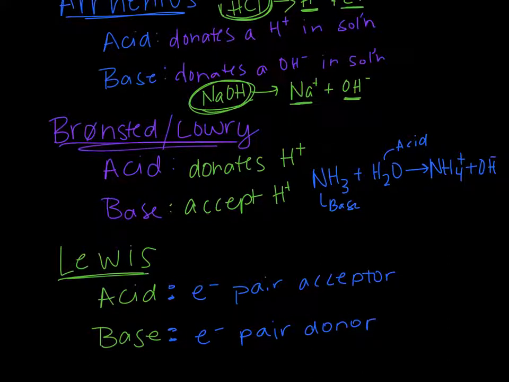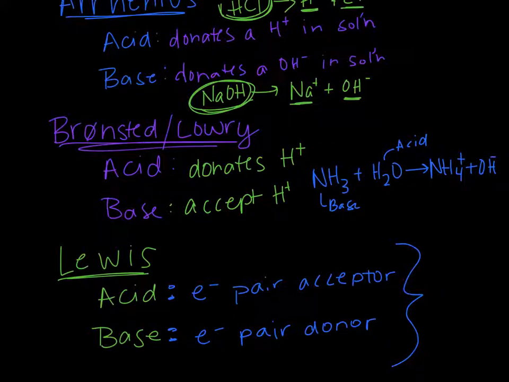And so even though it looks like they have switched roles, they haven't. A Lewis acid and base could never turn a Bronsted-Lowry acid into a base. This just broadens the definition of what an acid and base are.